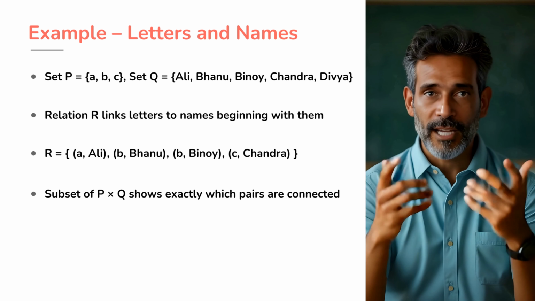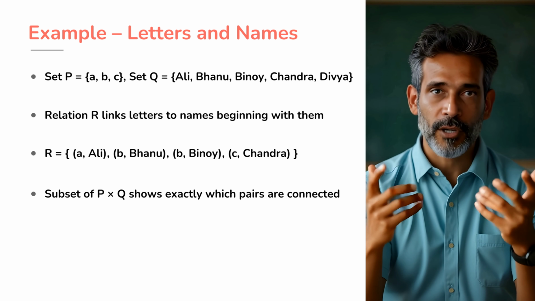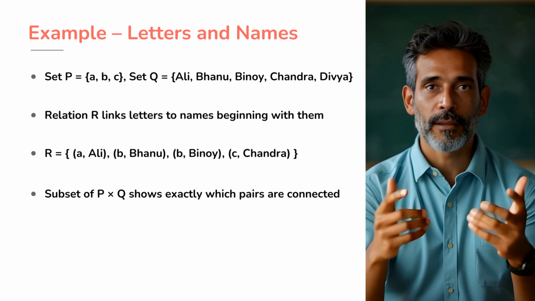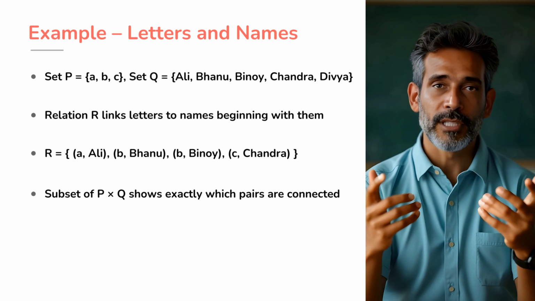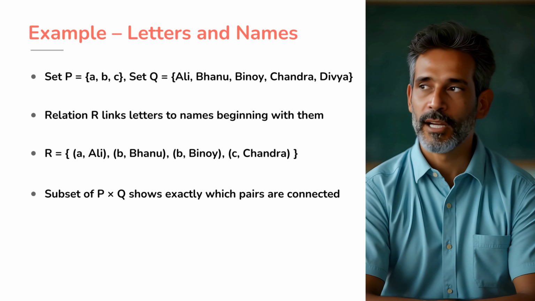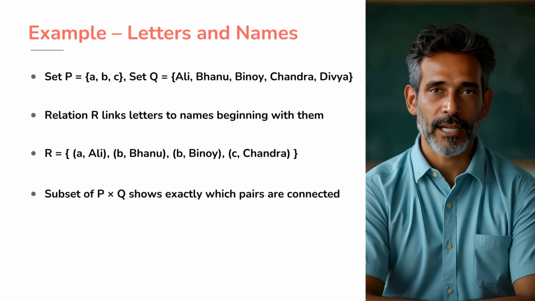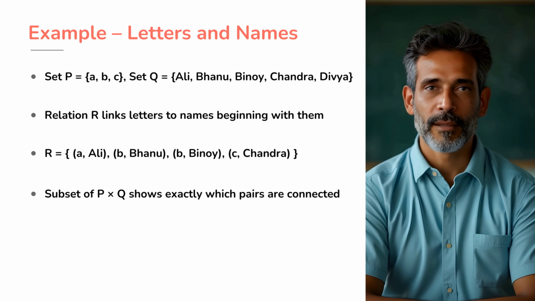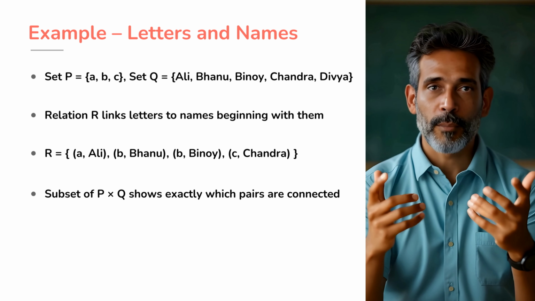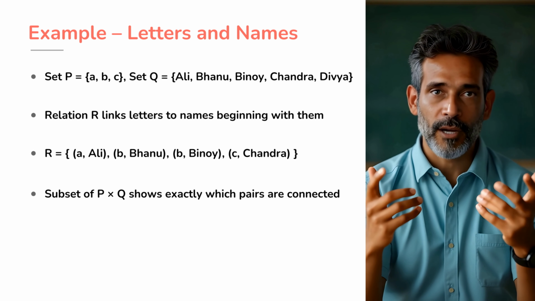Let's look at a practical example straight from your NCERT textbook so you can see exactly how a relation is formed. Suppose we have two sets: set P equals the set containing the letters A, B, and C. Set Q equals the set containing the names Ali, Bhanu, Binoy, Chandra, and Divya.